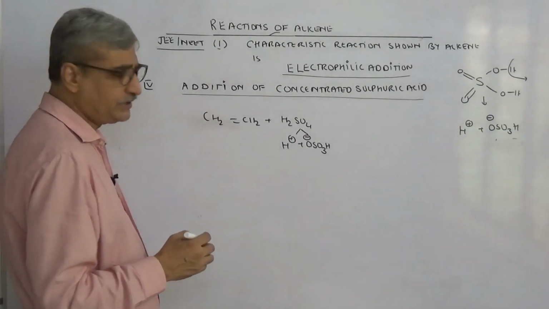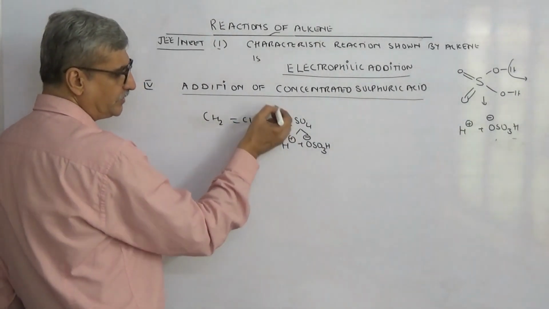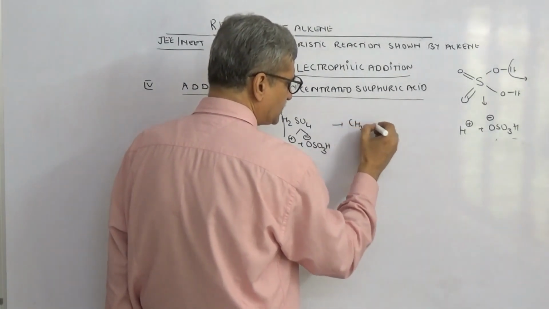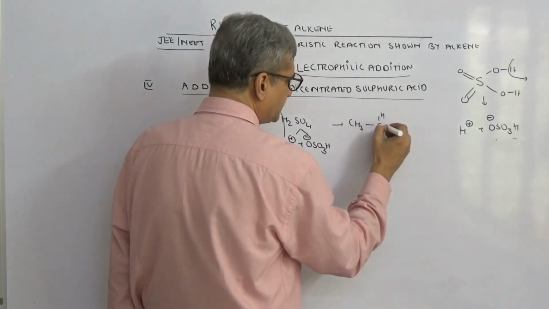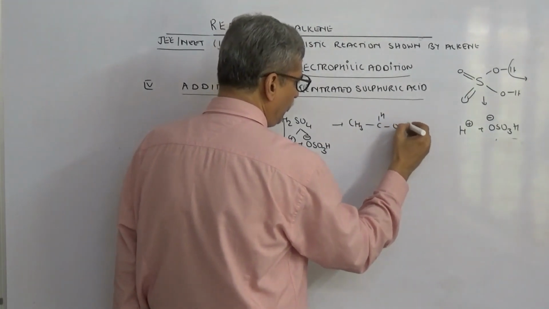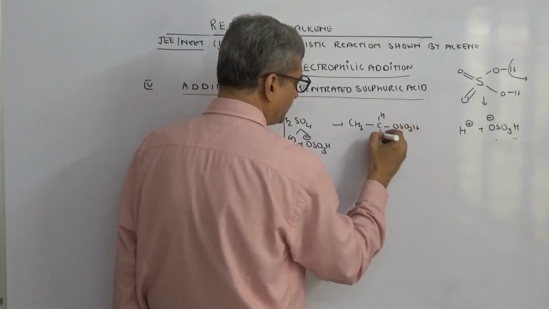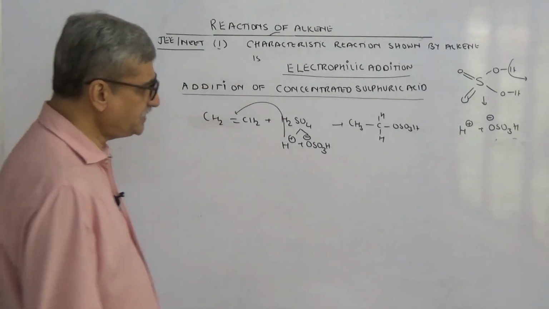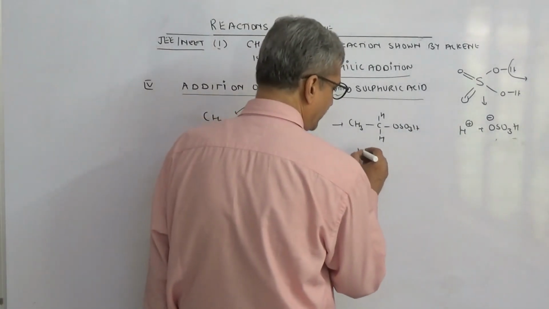Obviously it's an electrophilic addition. So H plus attacks, and what do you get? You get CH3, CH2, OSO3H. Now this is ethyl hydrogen sulfate.